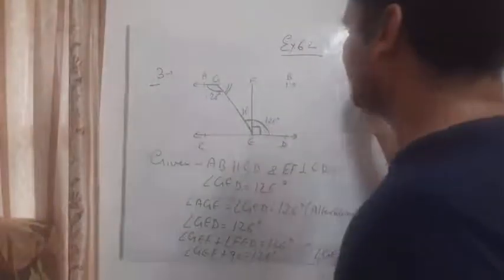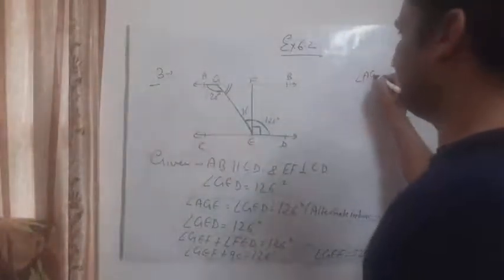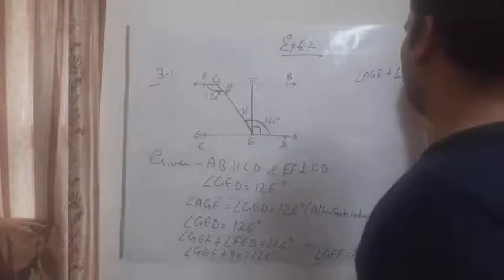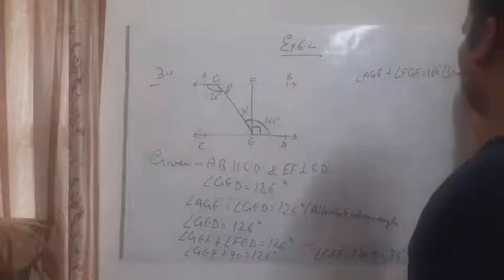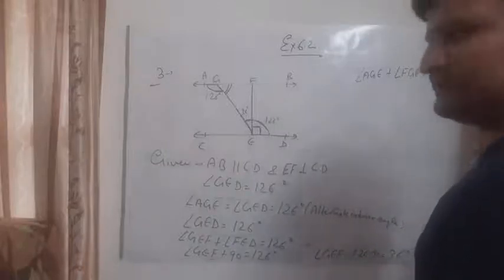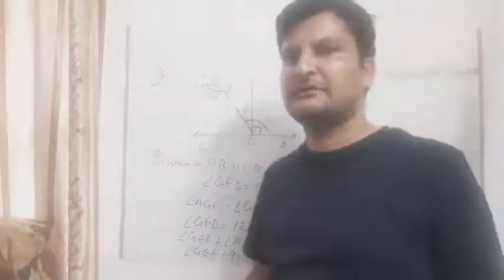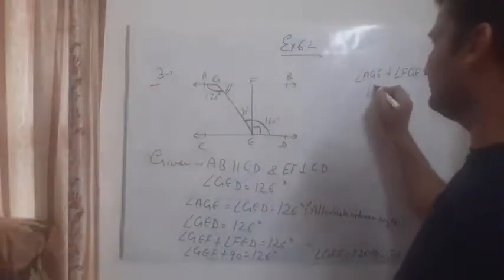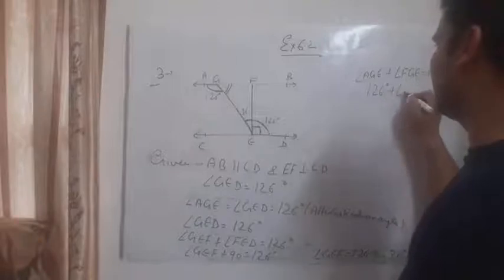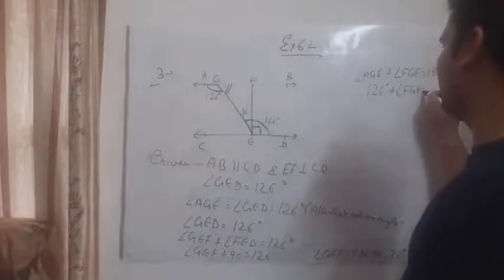So we can say that angle AGE plus angle FGE is equal to 180 degrees, because this is a straight line. Students, this is a straight line, so the sum of these two angles is 180 degrees. So AGE is 126 degrees plus angle FGE is equal to 180.